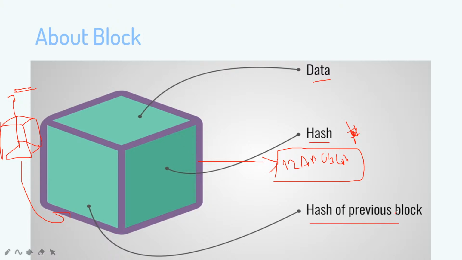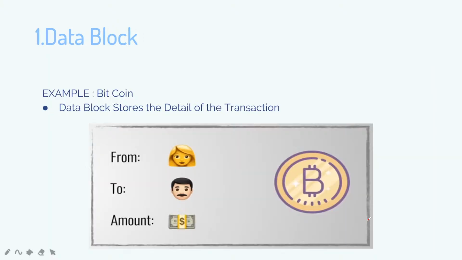Then you will definitely have a doubt: does the first block contain a previous block or not? The first block has no previous block. Normally they call it the genesis block. Here you can see an example.